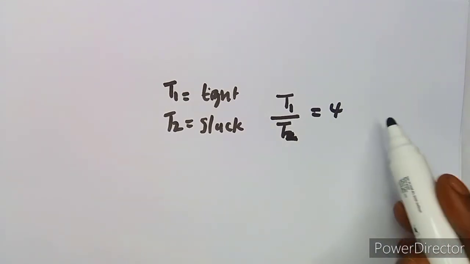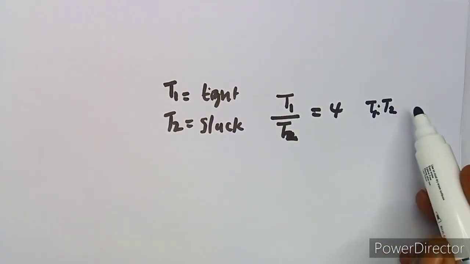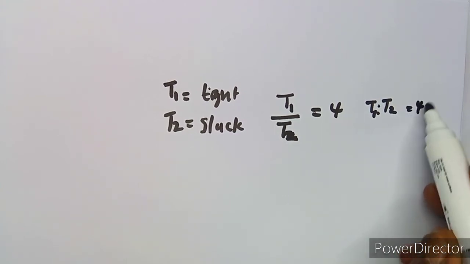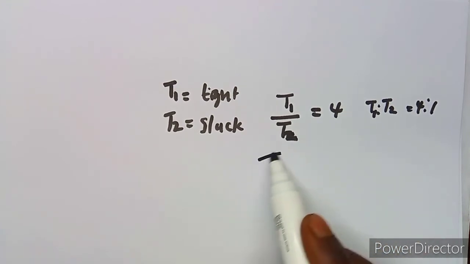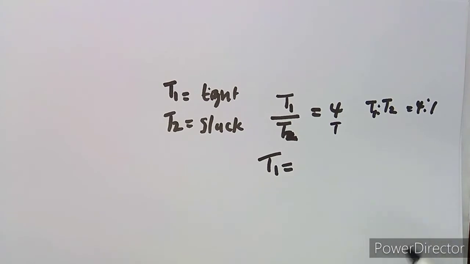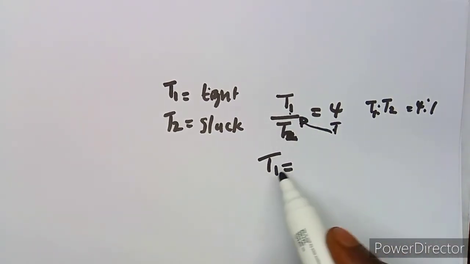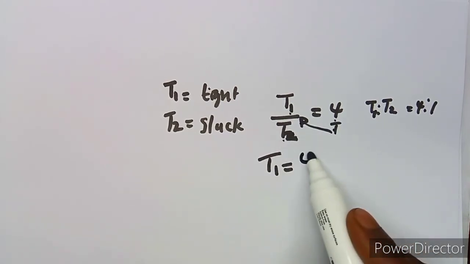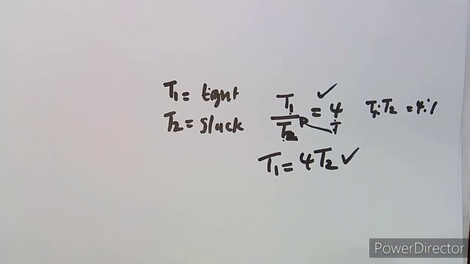Or it can be T1 to T2, which is equal to 4:1. If you cross multiply, T1 is equal to 4T2. So it can be written like this, or it can be written like a fraction. That's how you write a ratio.